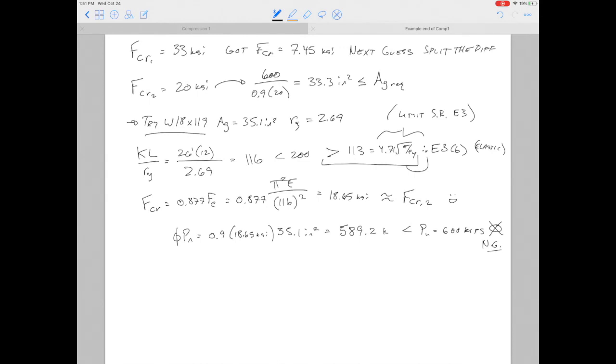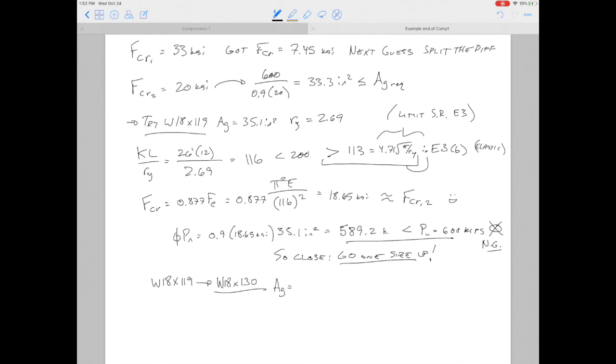Okay, now what? Well, I can do one more iteration, or since I'm so close, I can just go one size up. So close. From a W18 by 119, I'm going to go one size up to a W18 by 130.